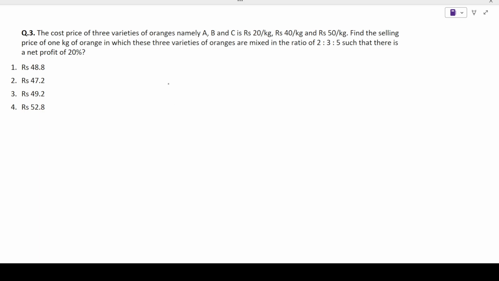So let us suppose we have A, B, C. We take 2 kg of A, 3 kg of B and 5 kg of C in a mixture.